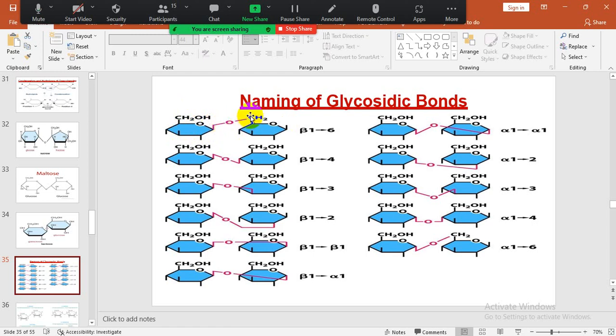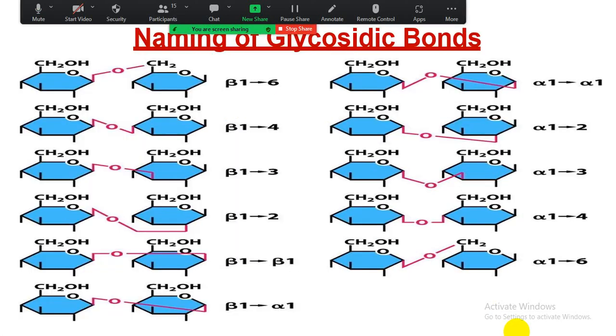Then what carbon number is this? Carbon 6. So this is going to be called beta 1,6 glycosidic bond. This is the spelling, glycosidic bond. Do you understand? Yes, sir.